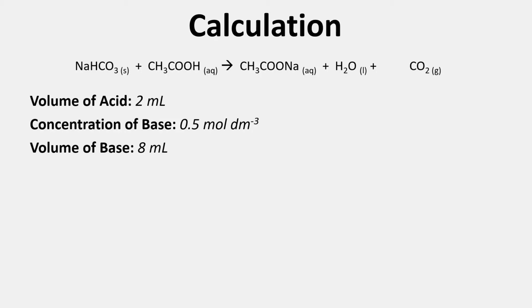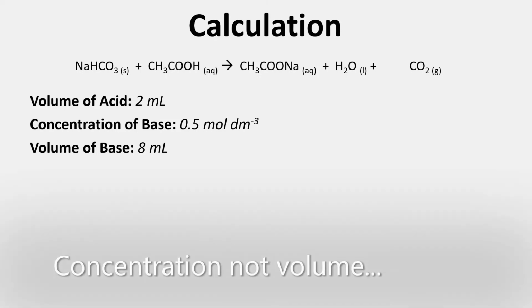The volume of the acid, however, I know we made up a solution that was in total 20 millilitres. But remember, we were diluting 2 millilitres of acid. So if you wanted to know the concentration of acid in that 20 millilitres, well, you could use the volume as 20 millilitres. But I don't want to know that. I want to know the concentration of acid in the original vinegar.